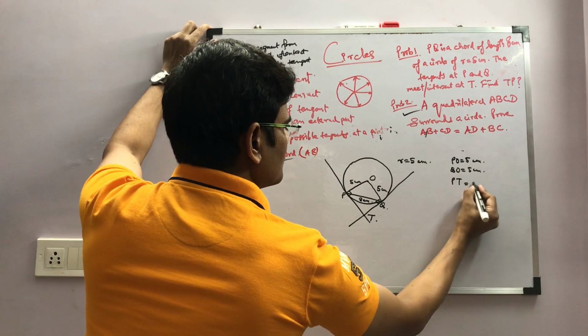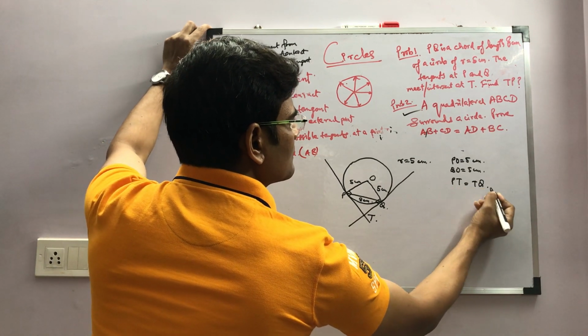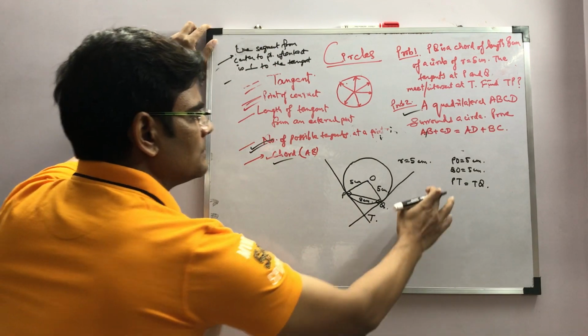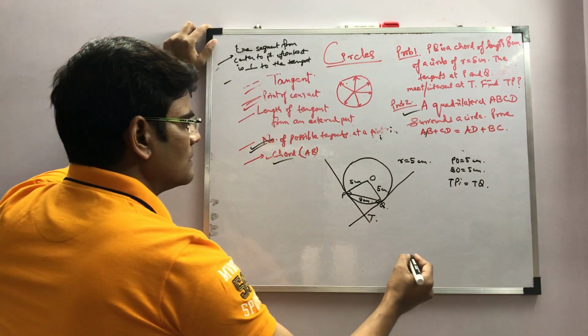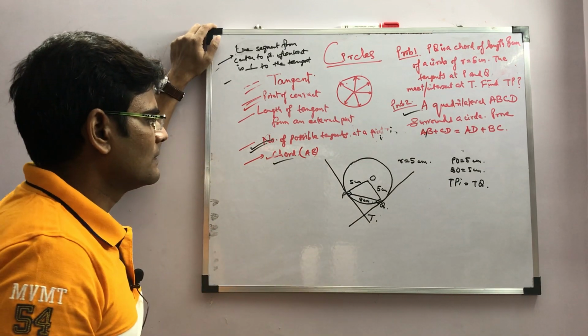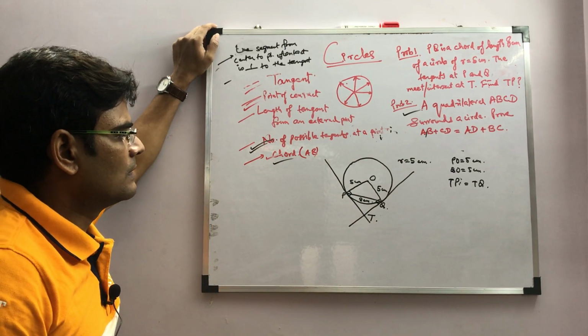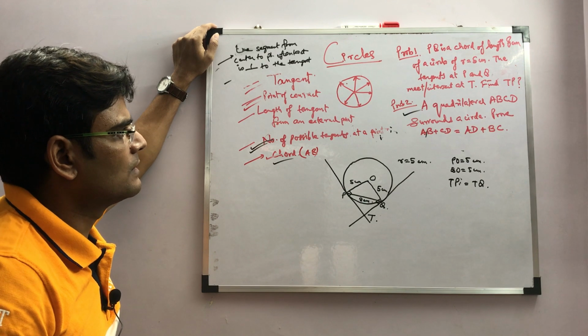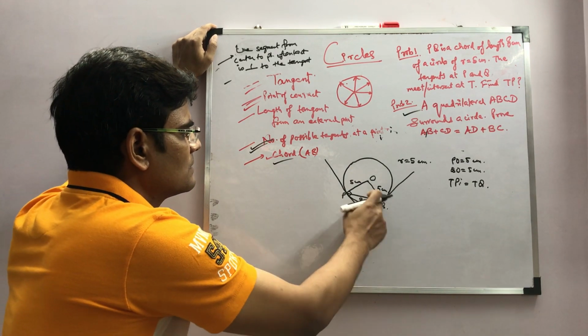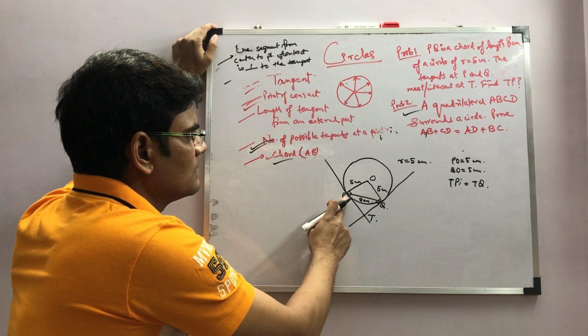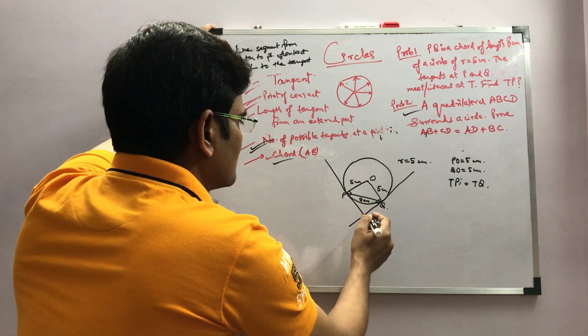PT equal to TQ. It's asking TP, so I'll write TP equals to. Now, how do you find TP? You know this side, you know this side. This is 90 degree.